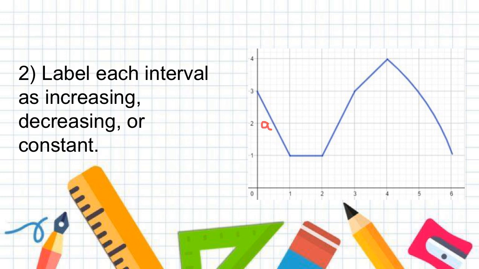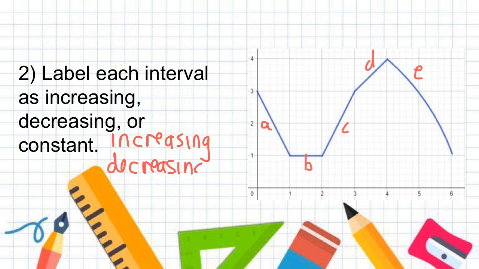I'm going to call that A, B, C, D, and E. Anytime you have a change in the slope, you have a new interval. So the ones that are increasing, I will list here. The ones that are decreasing, I will list here. And the ones that are constant, I will list here.